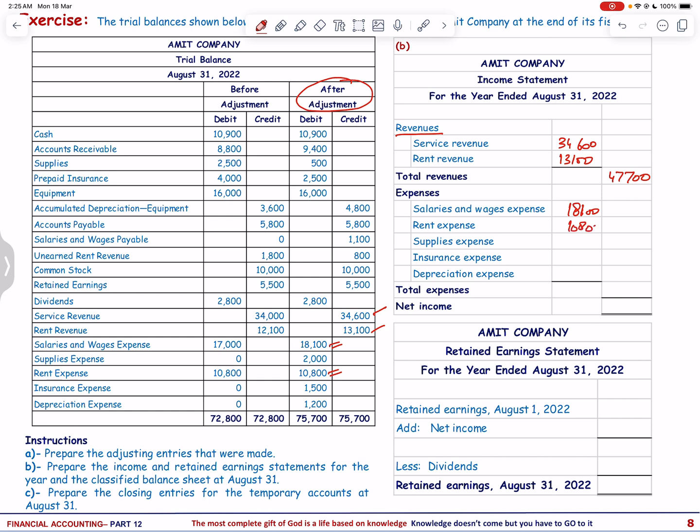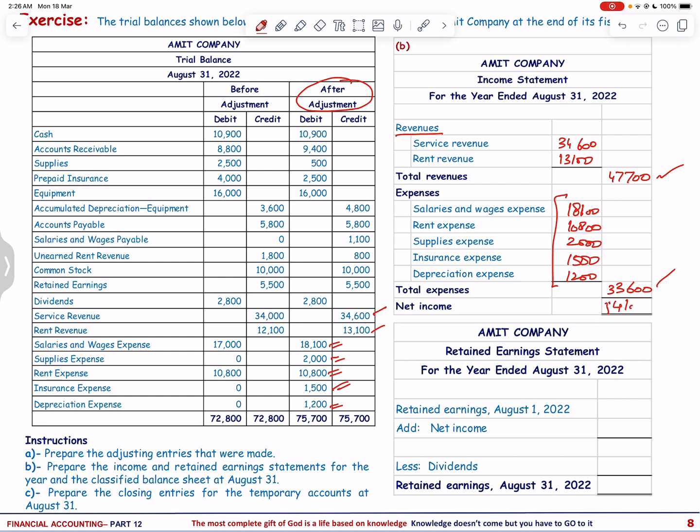Insurance expense is 1,500, and depreciation expense is 1,200. So the total expenses is the total of all these expenses, that is 33,600, and the net income is total revenue minus total expense, that is 14,100.